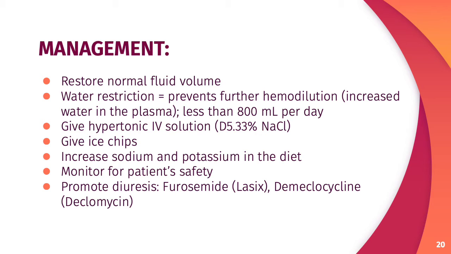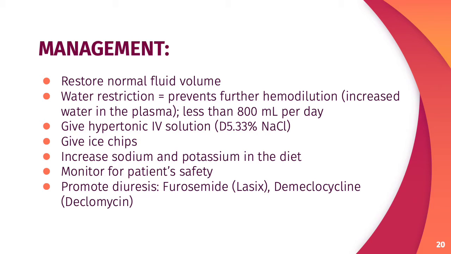This is to prevent further hemodilution, increased water in plasma. So water restriction is less than 800 ml per day. Give hypertonic IV solutions, give ice chips because there's water restriction. Increase sodium because you have hyponatremia. And of course, increase potassium in the diet as well.